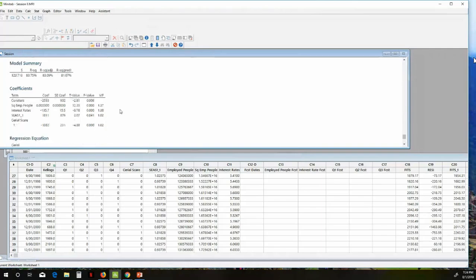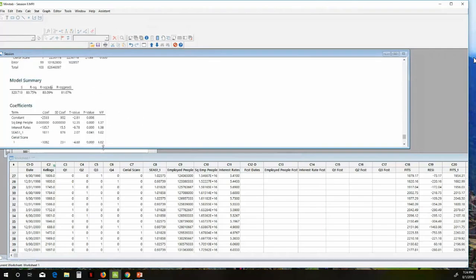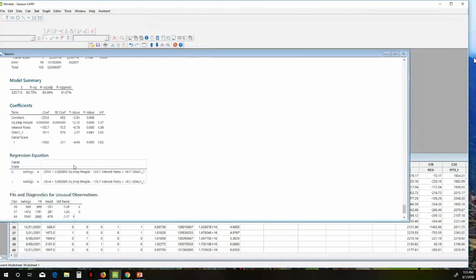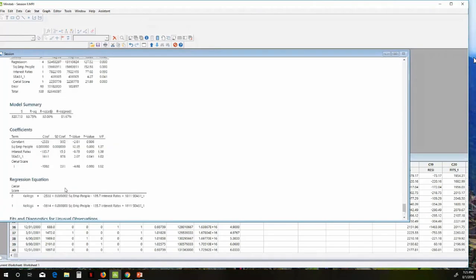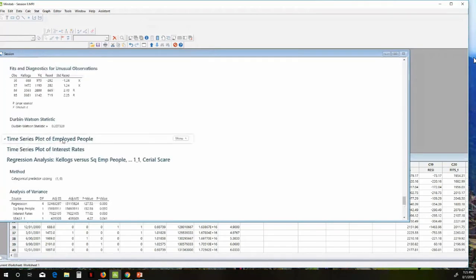The coefficients look like they're all significant, and the signs look correct. And the Durbin-Watson statistic, boo, 0.206. See this? It's 0.206 compared to where we were, 0.207.